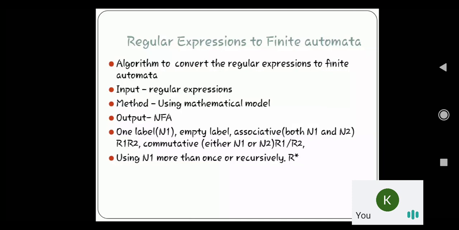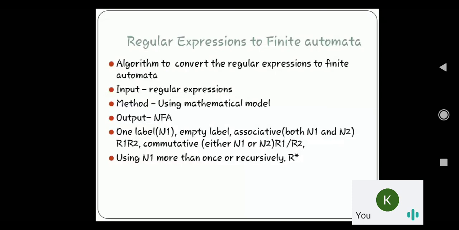That's why we represent it with an asterisk. Normally in a regular expression, we use the asterisk as an option to represent the repetition of the same label, or the transition of the same label more than once.